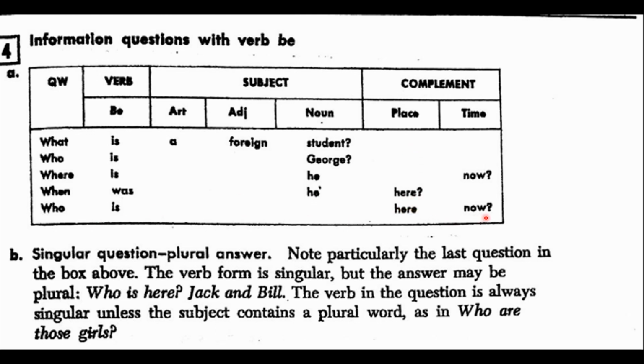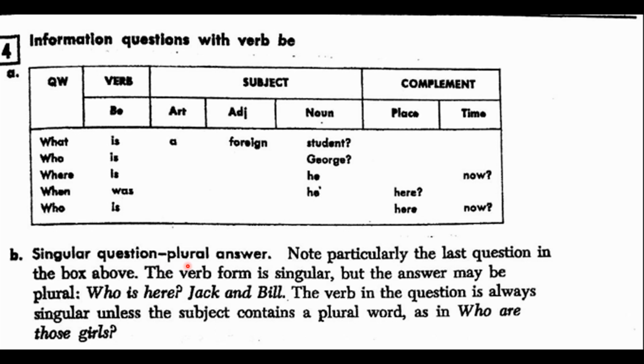Who is here now? Who refers to the subject, which is a human subject or human object, followed by is, and here refers to place, and now refers to time as part of the complement.